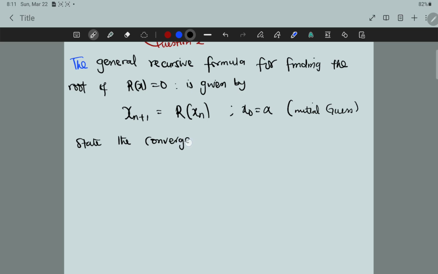It says state the convergence criteria near the root.